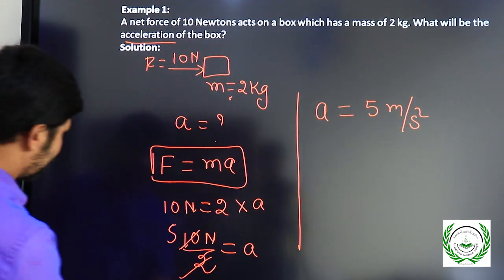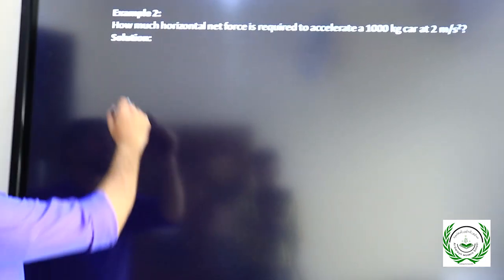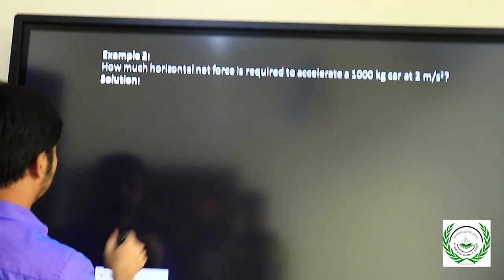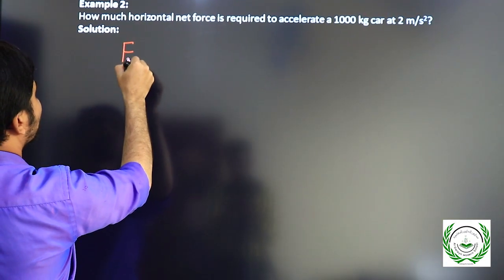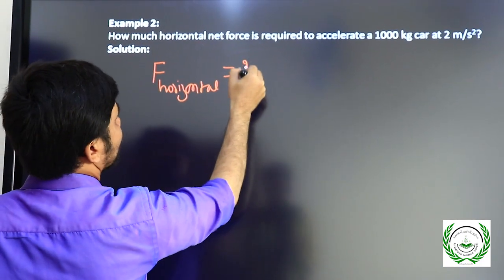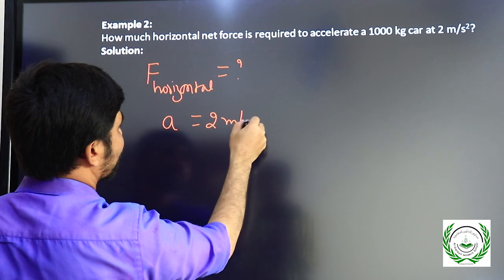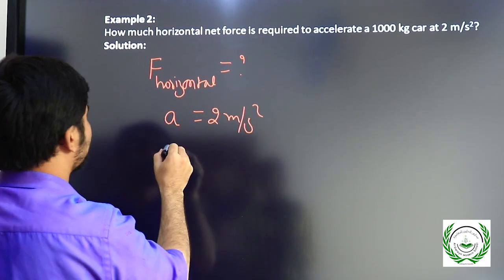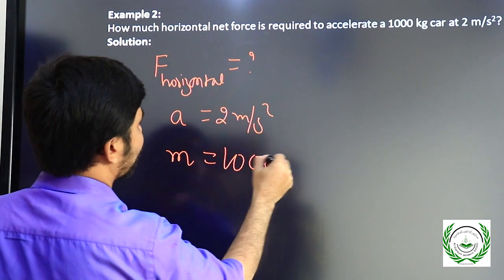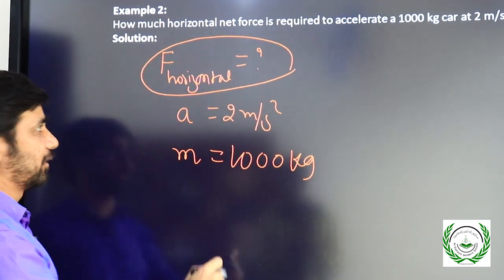Next, example 2. How much horizontal net force is required to accelerate a 1000 kg car at 2 meters per second squared? The mass is 1000 kg, and he is asking for the force acting horizontally.